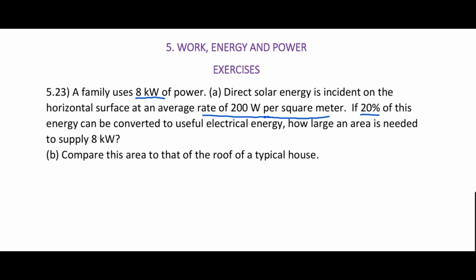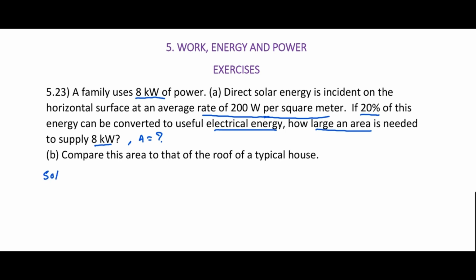If 20% of this energy can be converted to useful electrical energy, how large an area is needed to supply 8 kilowatt? So, to produce 8 kilowatt, how much area is needed? Here the area value we need to find out. Compare the area to that of the roof of a typical house. Okay, it is the ratio with respect to one more area that we need to find out.